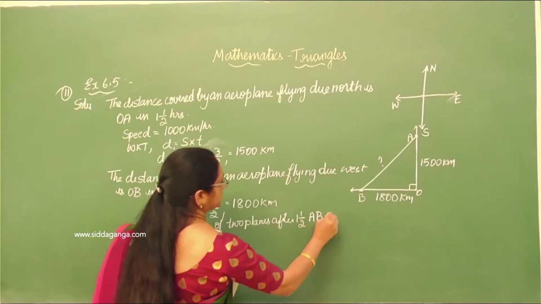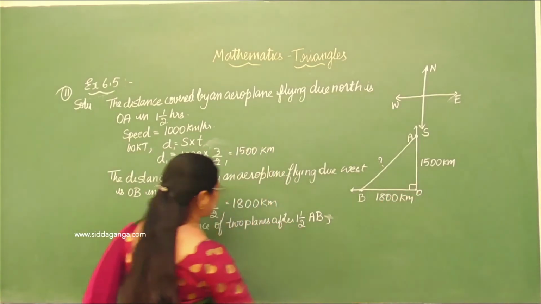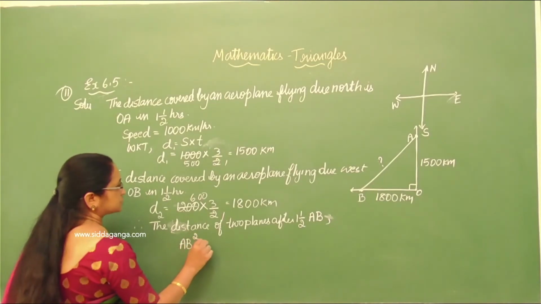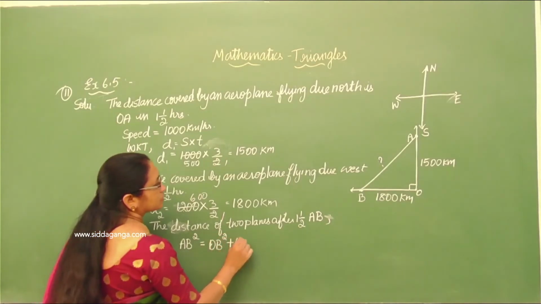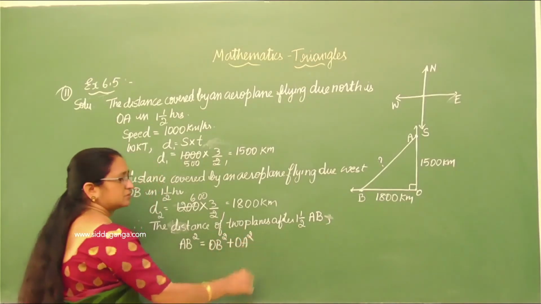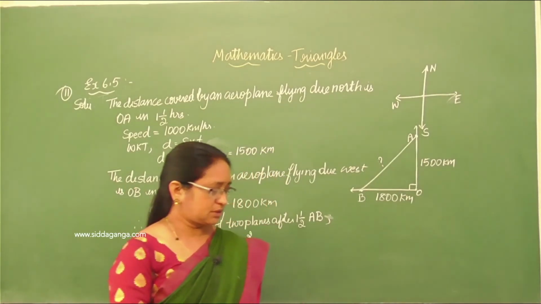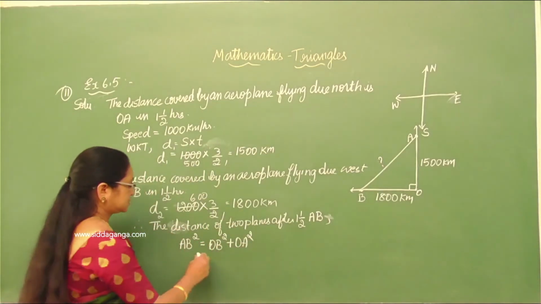Okay, AB. Now, you all know this is a right angle triangle. So by Pythagoras, I can put AB square is equal to OB square plus OA square. This is very easy. I hope in the lower classes also you used to do the same, like in 9th and 10th also we can apply this. Okay, OB square.